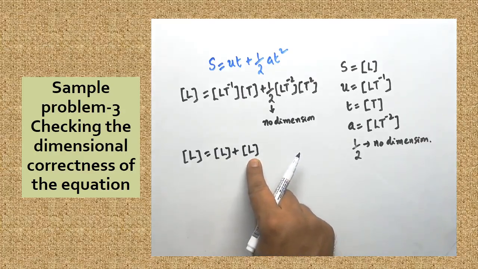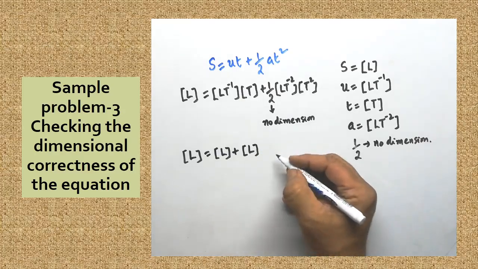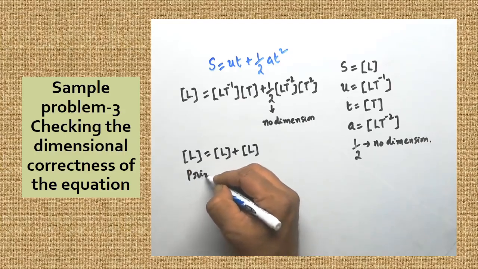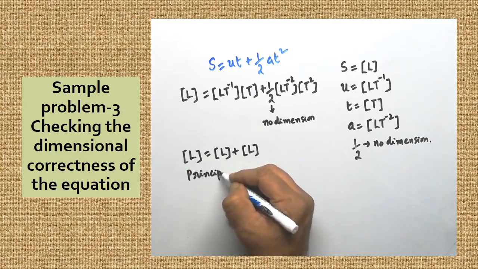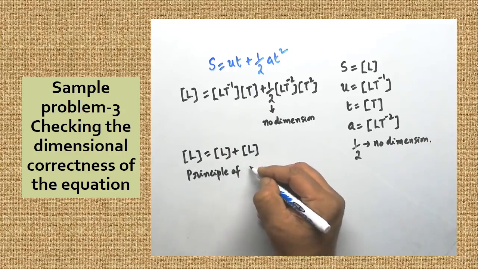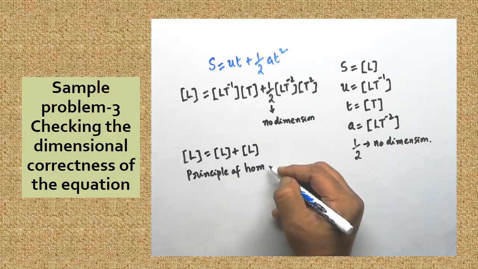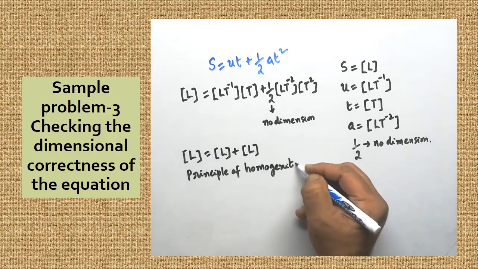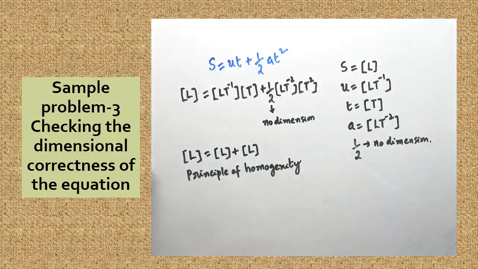As we have done in the previous problem, we have to use the principle called, what is this? Principle of homogeneity. This principle must be applied here. What does the principle of homogeneity say? We have to check whether the dimensions of LHS quantities and RHS quantities are the same or not.